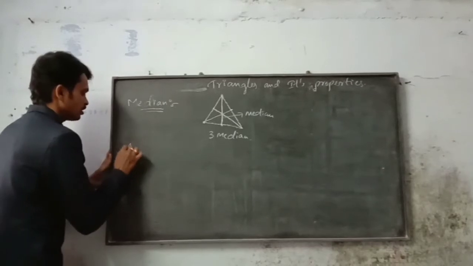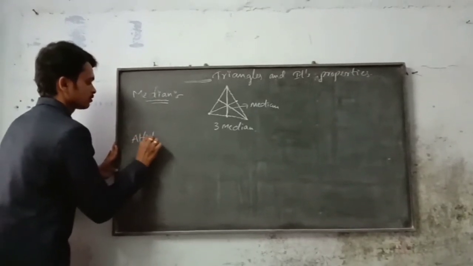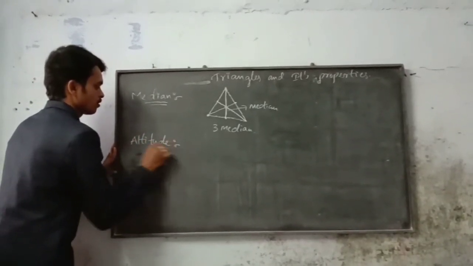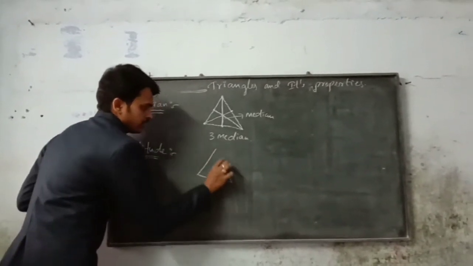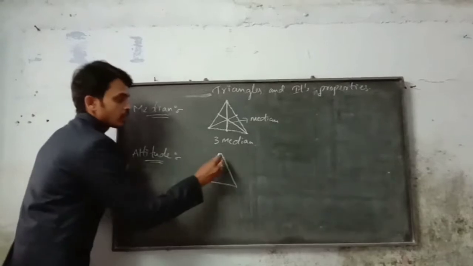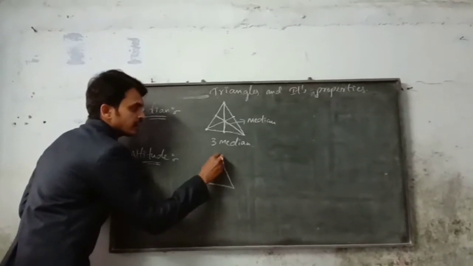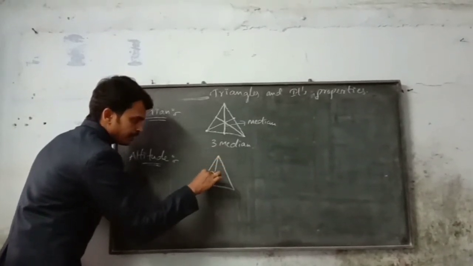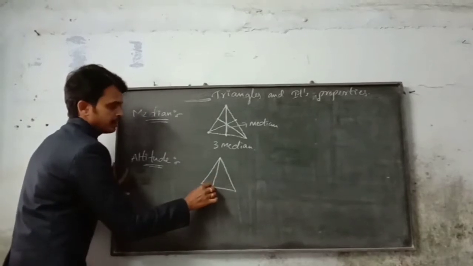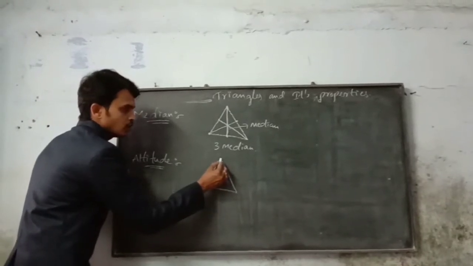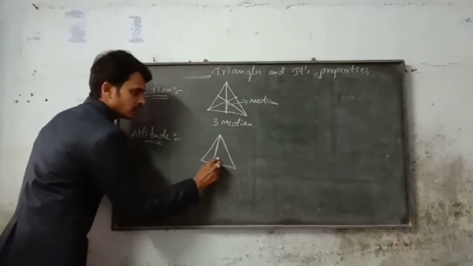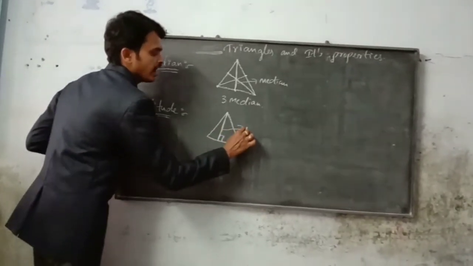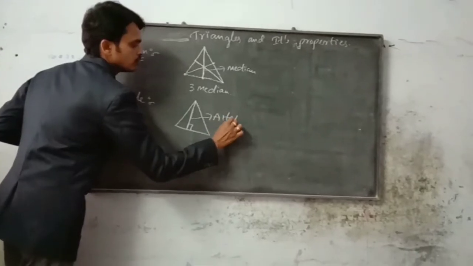Next, altitude. In a triangle, a perpendicular line segment from a vertex to its opposite side is called an altitude.